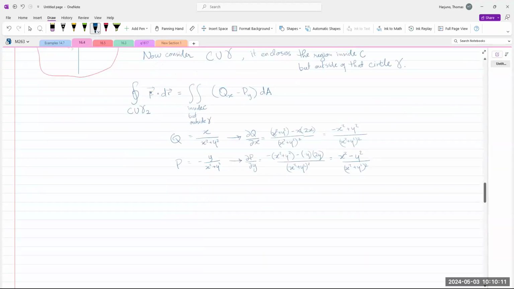Now, what is partial q partial x minus partial p partial y? This guy minus this guy gives me negative 2x squared plus, hold on.